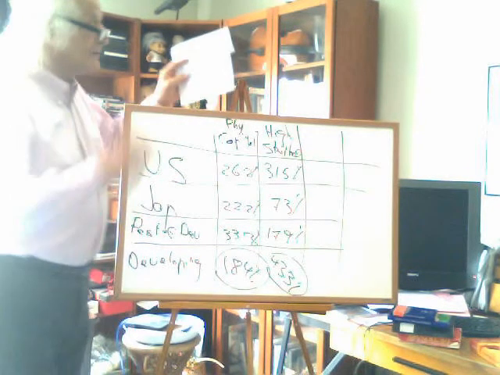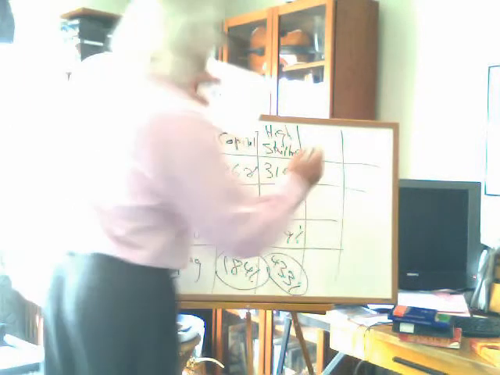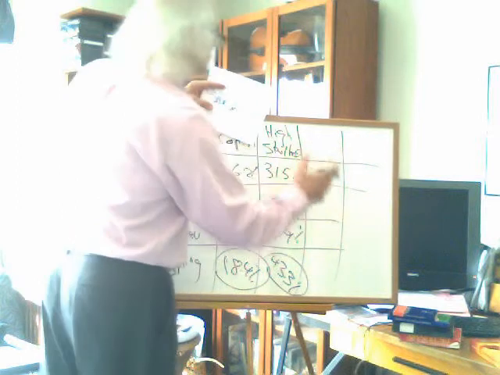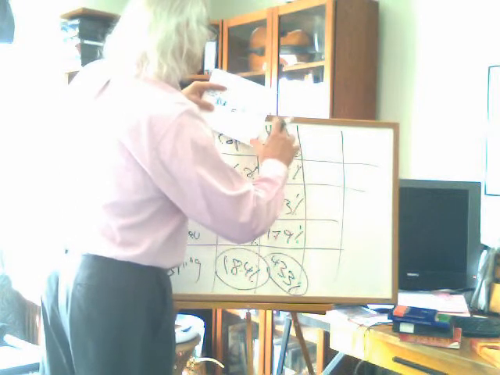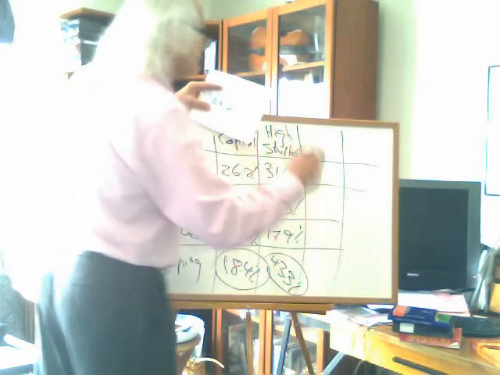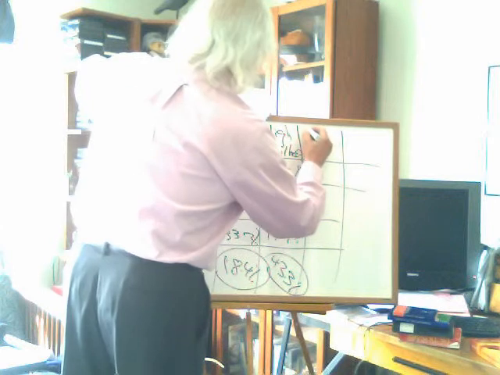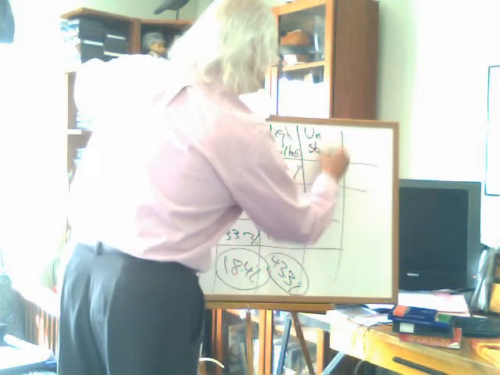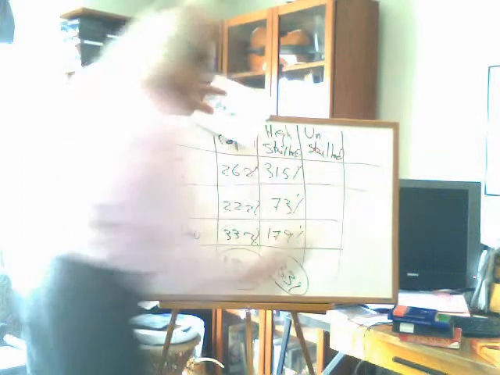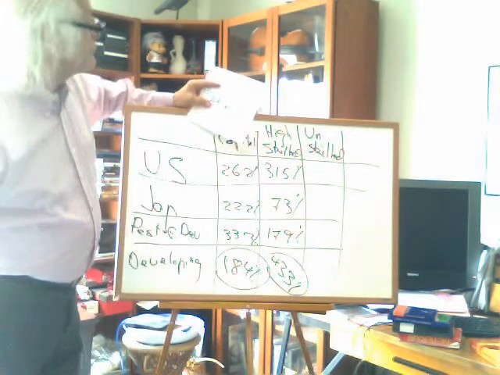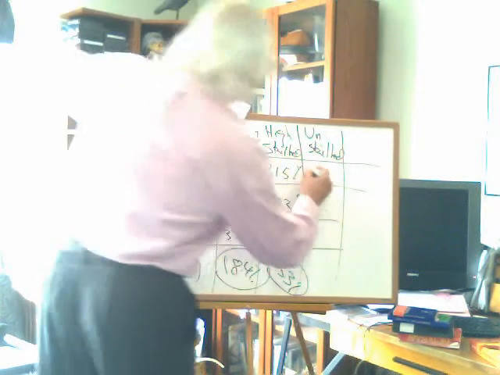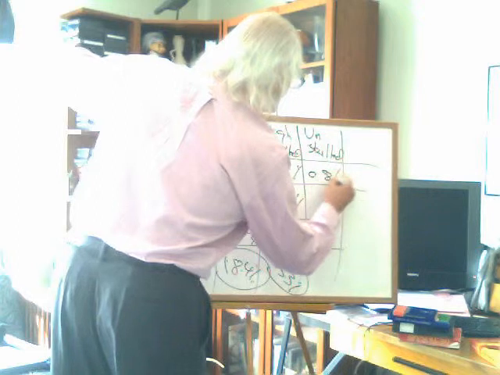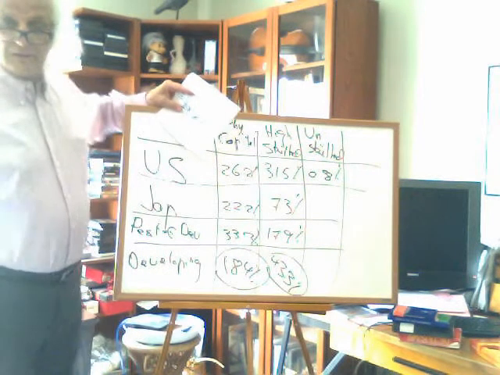Let's do one more, the totally unskilled. Usually there's in between the medium skills, and then there's land and what have you, but I'm not going to bother with this right now. When you look at the unskilled, you'll find out that the US has less than 1% of the unskilled labor in the world.